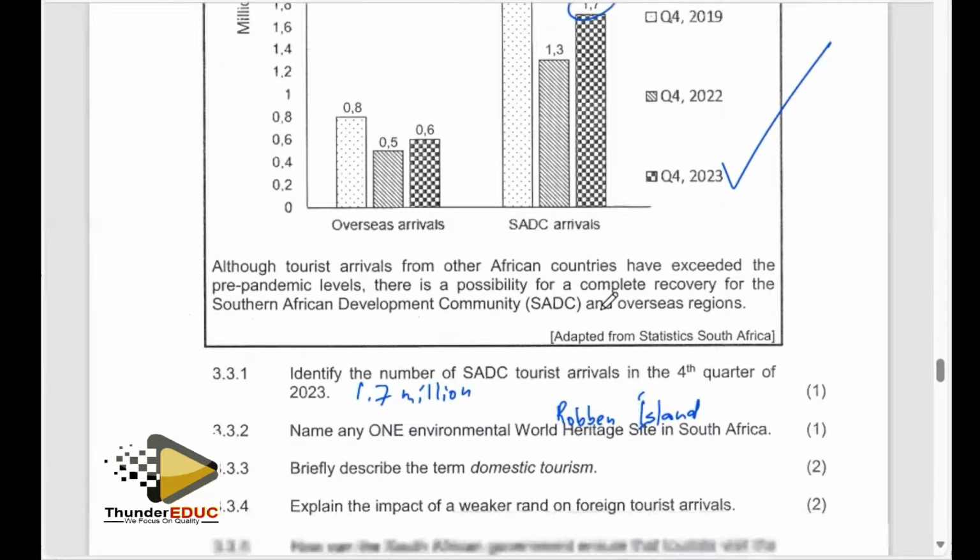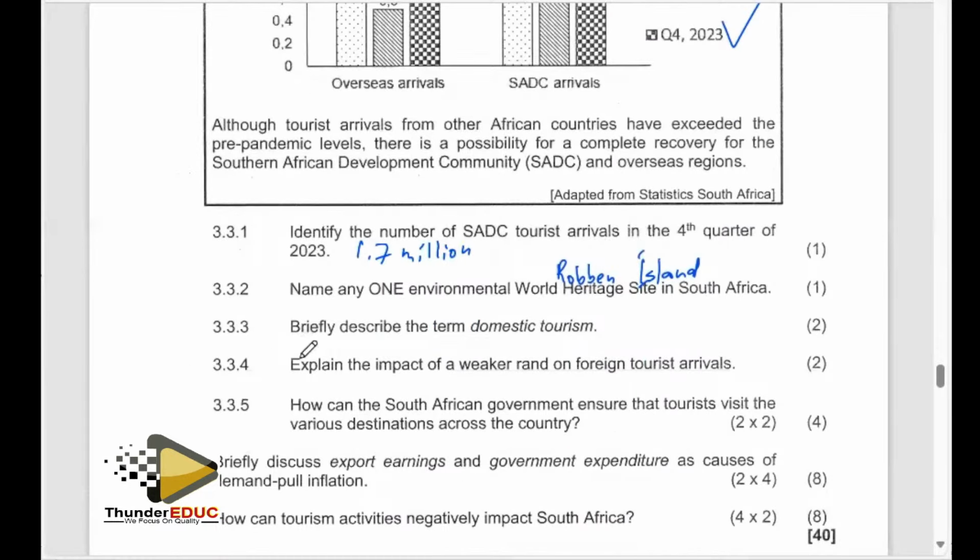So now moving on to the next question, we have 3.3.3. Briefly describe the term domestic tourism. Domestic tourism involves traveling by the residents of a country within their own country.